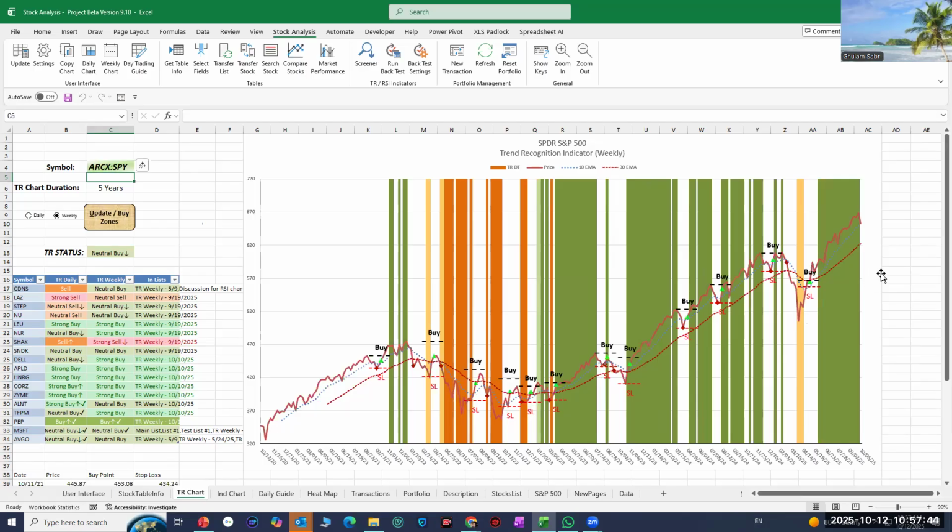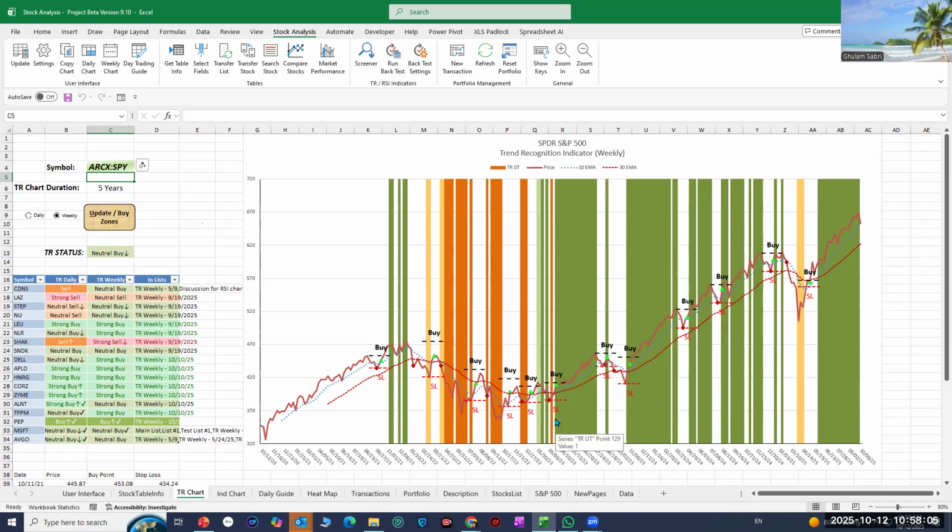So SPY has come out of this strong green zone and is testing its 50-week line. Can it come down? Yes, because when it suddenly comes down with this momentum, it normally goes back to these areas. But it can find support here, and then it can come back. So this is how the SPY looks.